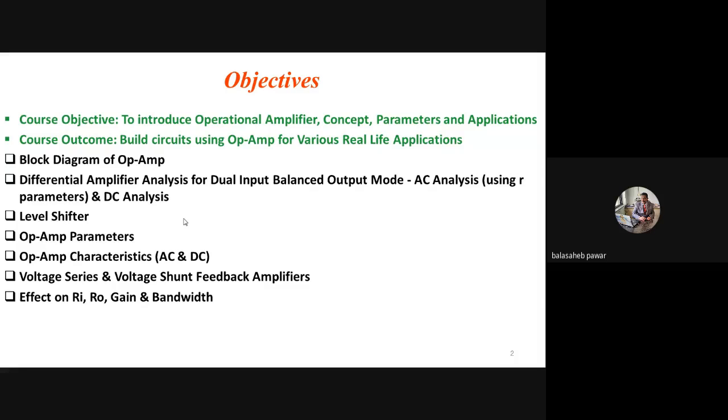Then OPAMP parameters, OPAMP characteristics, and OPAMP as a feedback amplifier, that is voltage series and voltage shunt, and the effect on Ri, Ro, gain and bandwidth of that feedback. Okay, so you already covered the last two points in feedback amplifiers. Only instead of using MOSFET or transistor, that part we will replace by OPAMP, right?